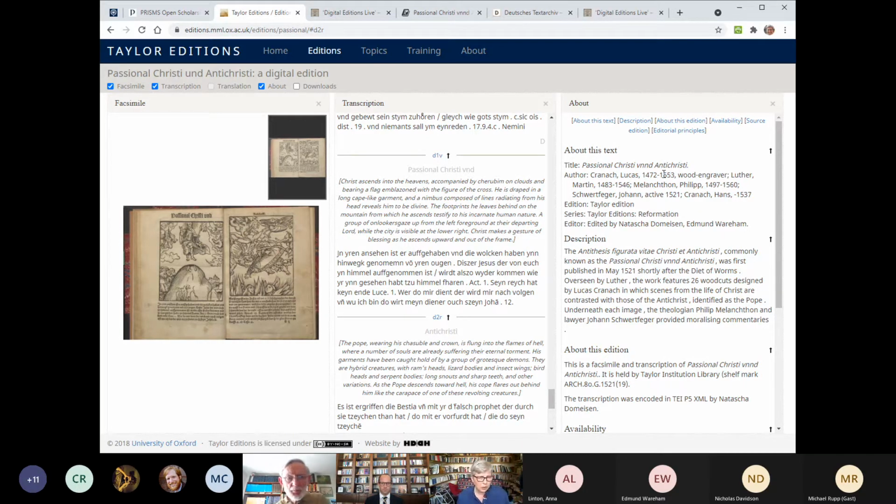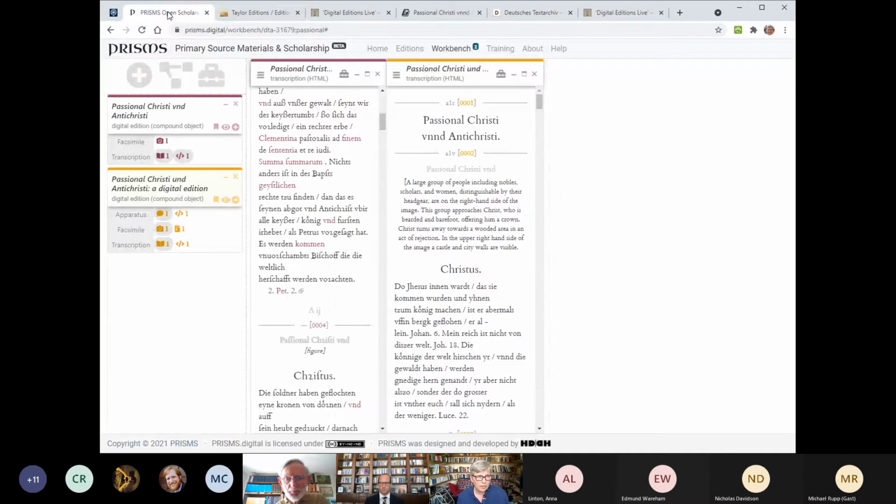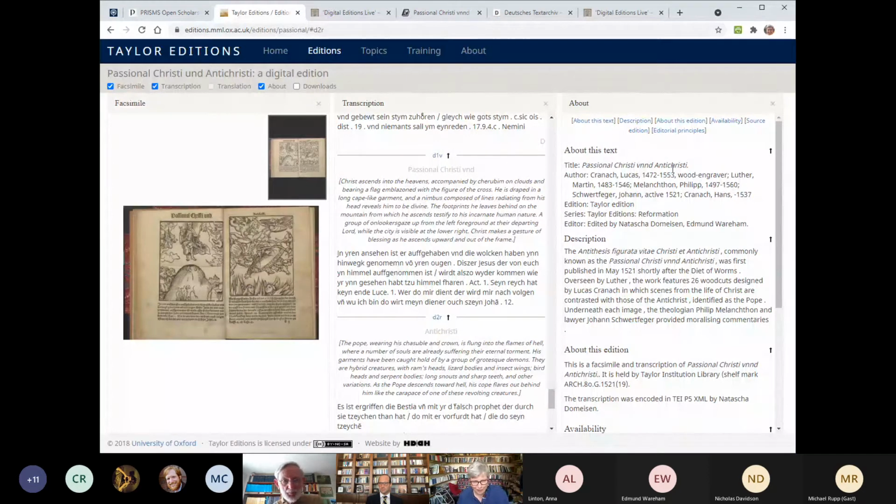But we are also hoping to develop further via prisms the opportunity to have side-by-side different copies that all have IIIF capability, and also to be able to compare the different levels of annotations, of editions, different translations also. So watch this space for further developments.